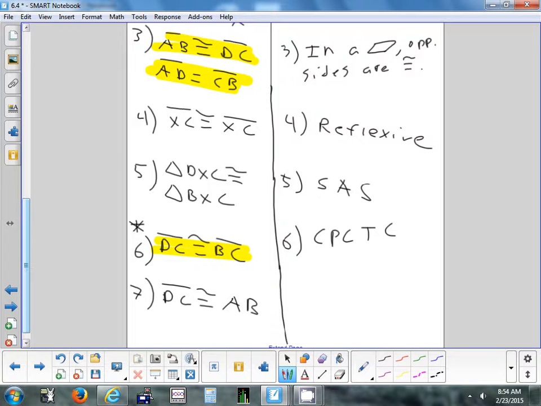And we know DC, AB, that's what I had up above. And we also know that DC is the same as BC because of what I said in statement 6. And we also know that BC, or CB, is the same as AD because of what I said in statement 3.